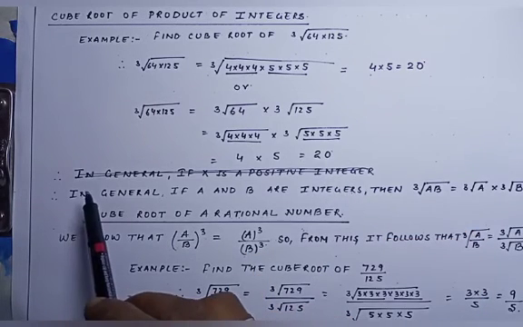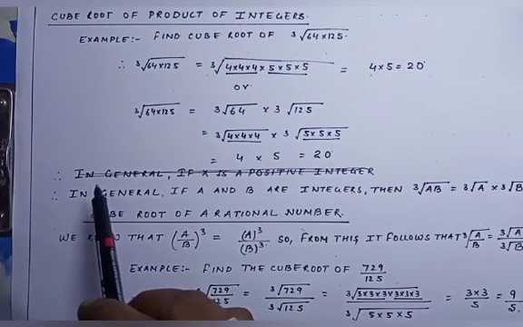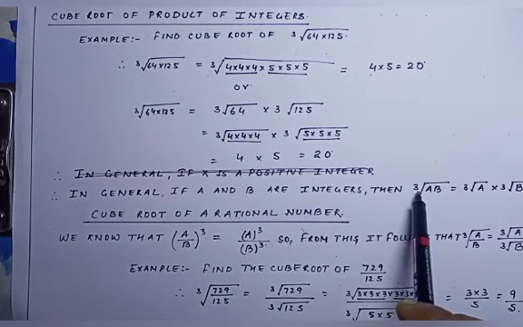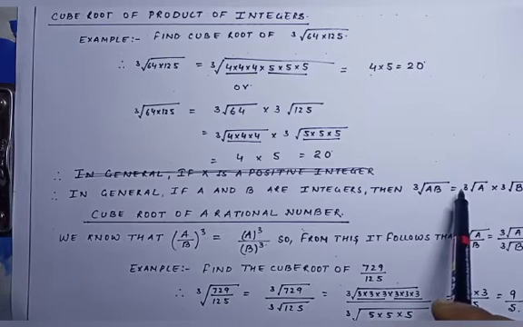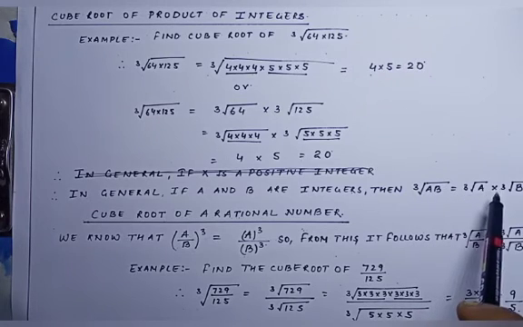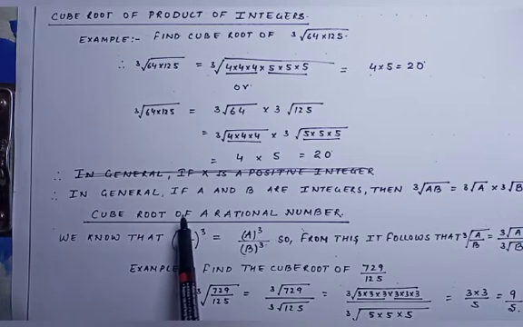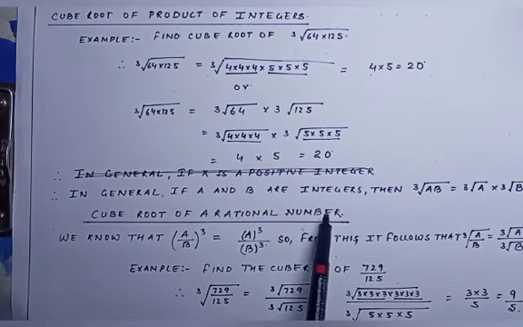That is the general rule that we have to keep in mind: in general, if a and b are integers, then cube root of a into b can be expressed as cube root of a into cube root of b. Let us see another topic, that is cube root of a rational number.